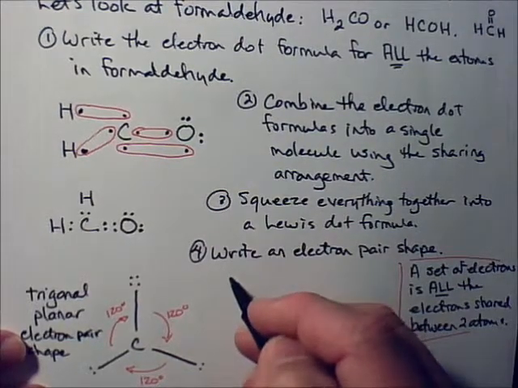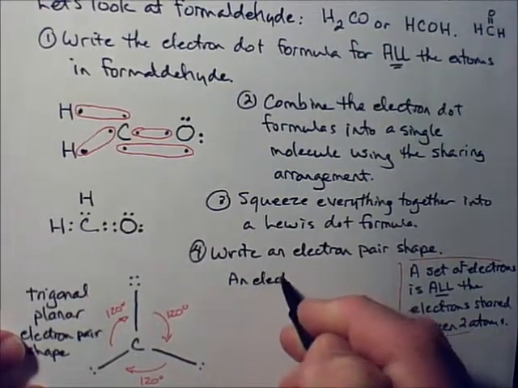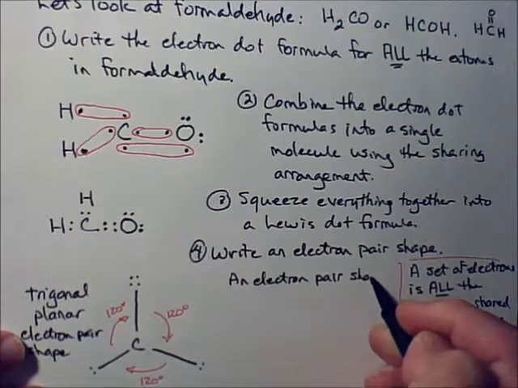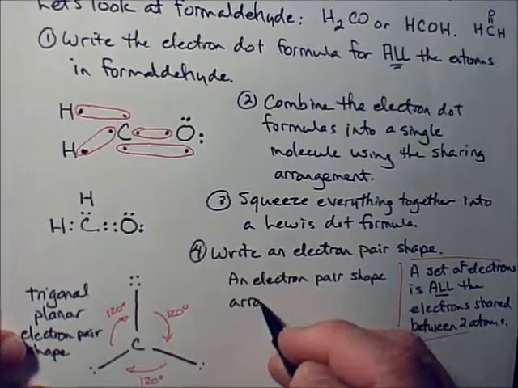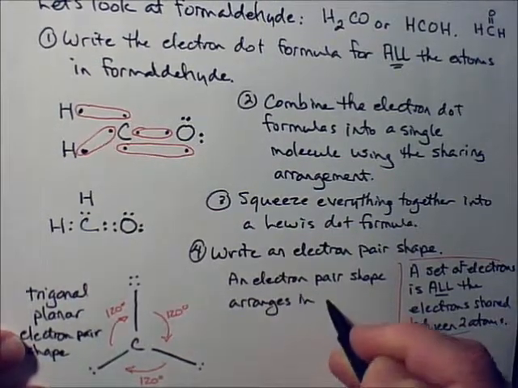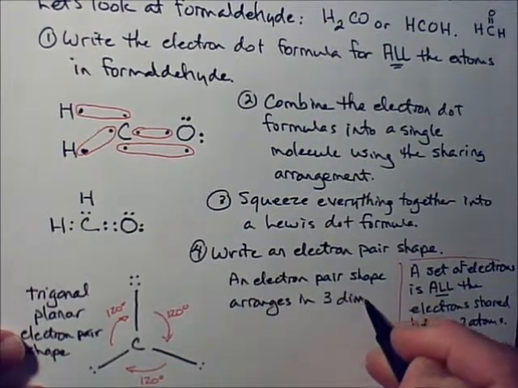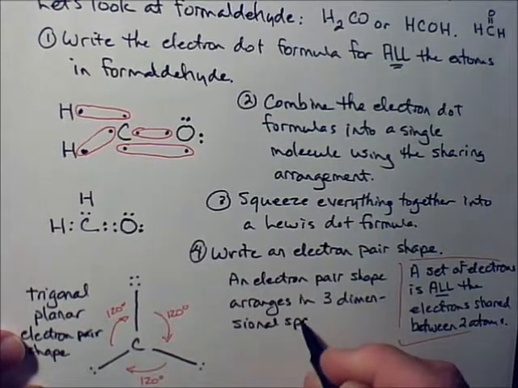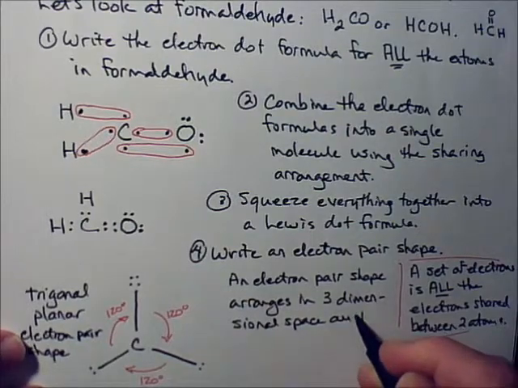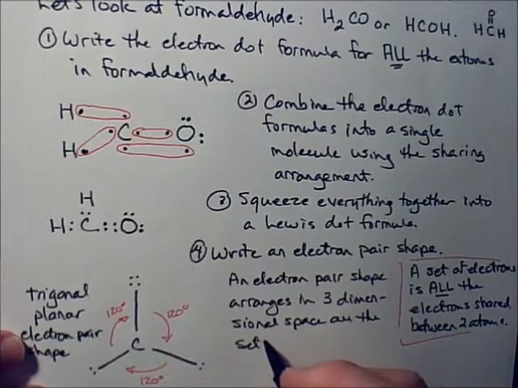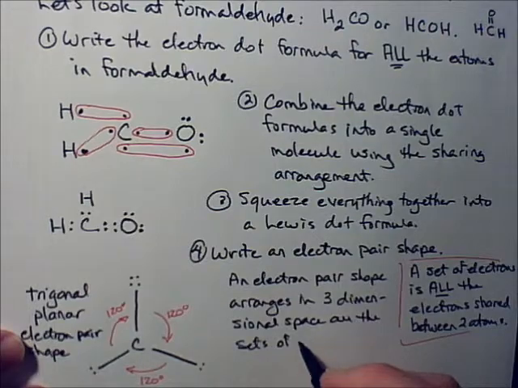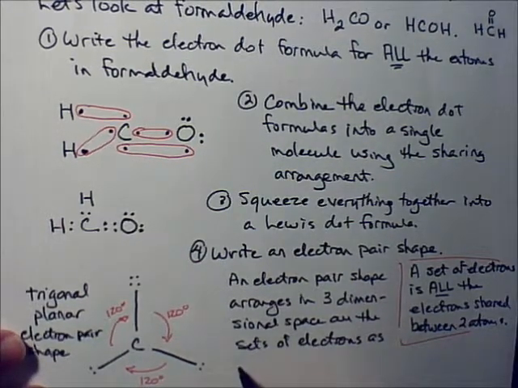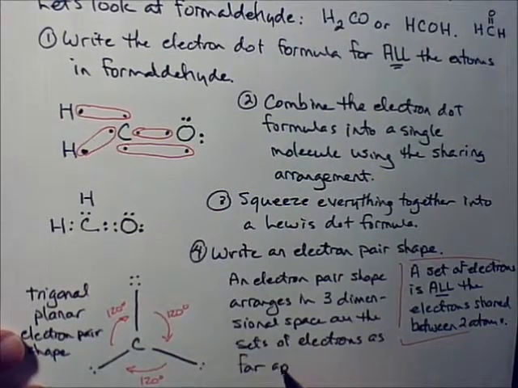All right, so an electron pair shape arranges in 3-dimensional space all the sets of electrons as far apart as they can be.